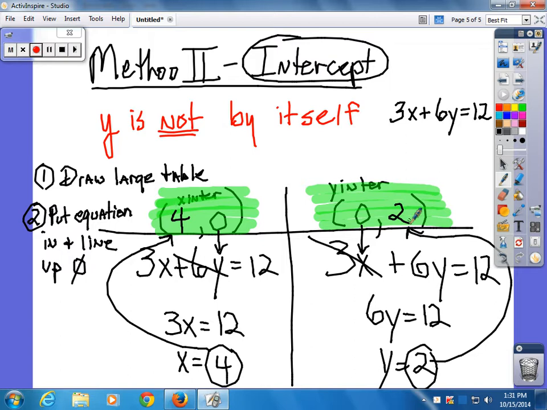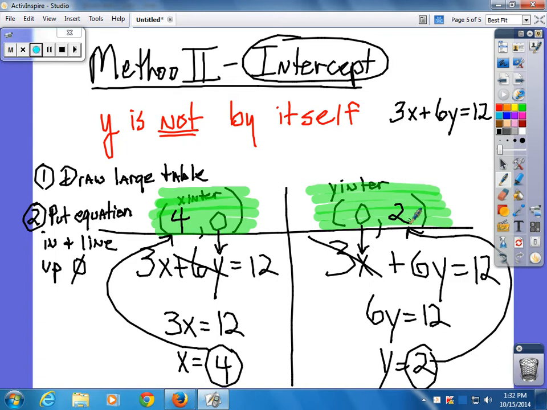Same reason I put parentheses when I plug in. I still do that as a teacher, as a student, whatever. And if I plug in something, I'm going to put parentheses. Although some students don't have to do that. Some students don't have to put x-intercept and y-intercept there. But watch what happens when they are pressed for time. That's going to be the first thing they do: plot the wrong point.